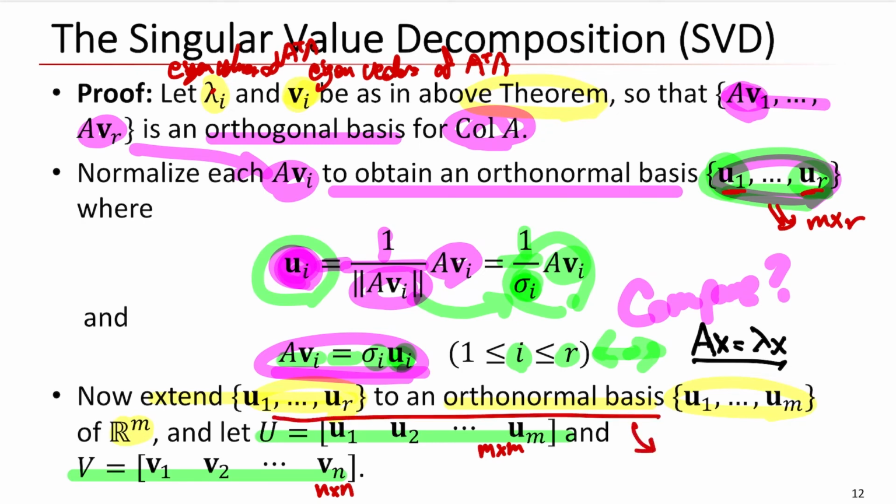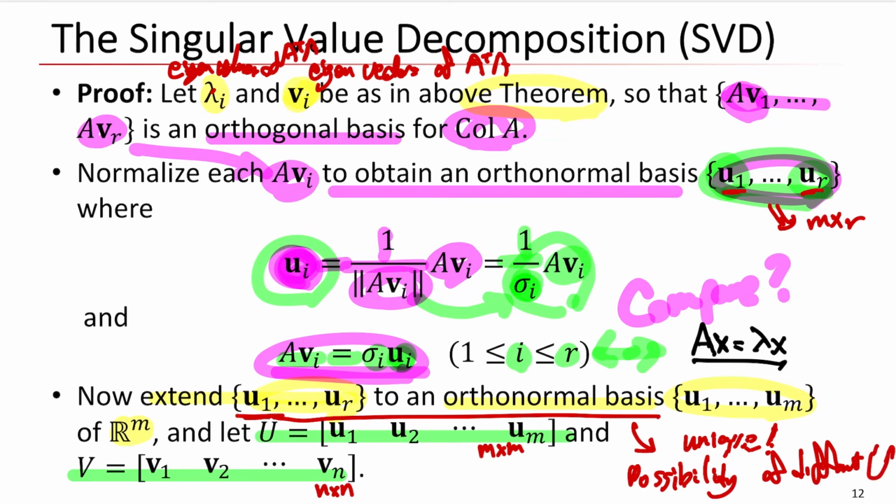So it means that this is non-unique. There are so many methods, so many possibilities of different V, different U. We can extend u1 through ur to the orthonormal basis u1 through um by using any kind of technique, so it's not a unique matrix.